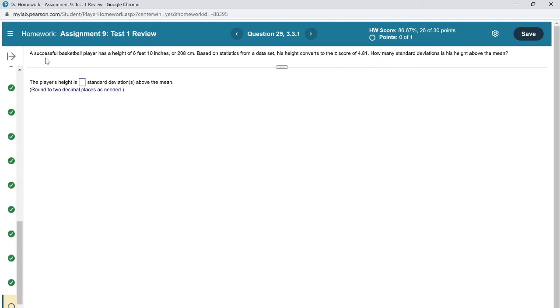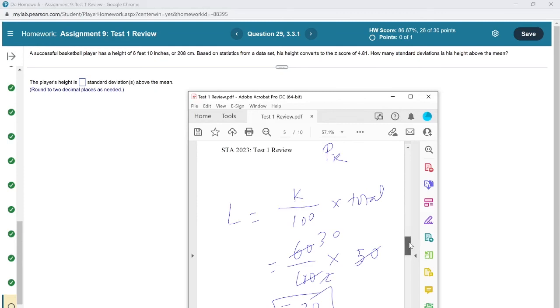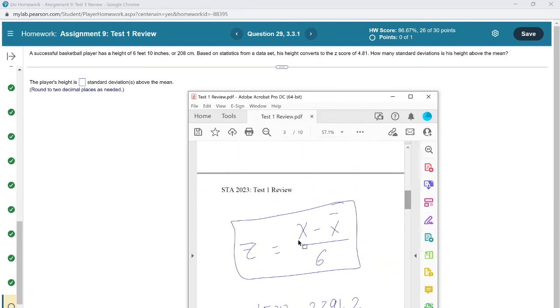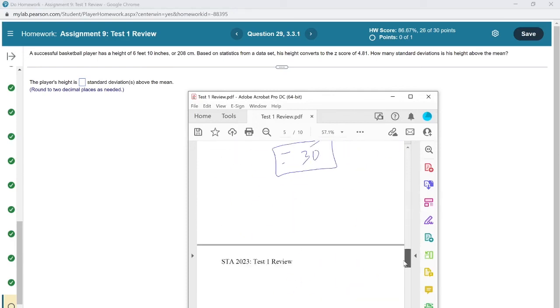Number 29. A successful basketball player has a height of 6 feet 10 inches, which is 208 centimeters. Based on statistics from the dataset, his height converts to a z-score of 4.81. How many standard deviations is his height above the mean? Remember, the z-score is the difference between the data value and the mean divided by the standard deviation.